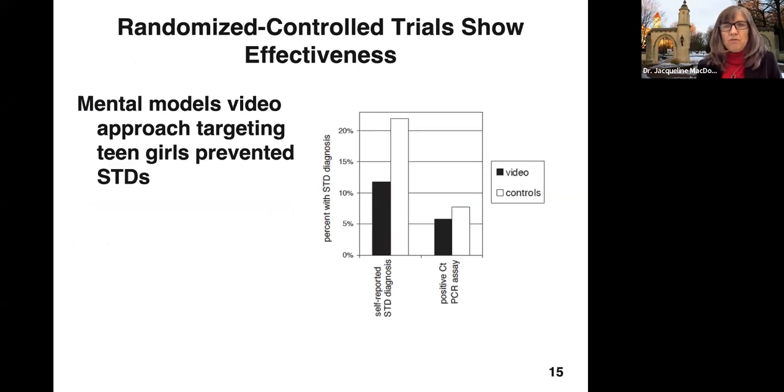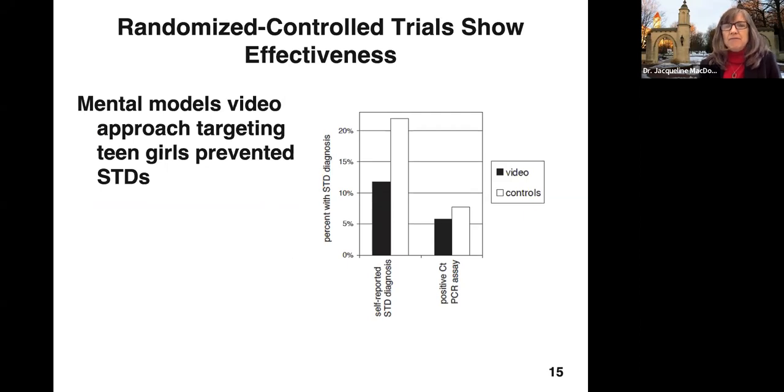This is just a result from a randomized controlled trial showing that this approach was effective for efforts to decrease the vulnerability of teen girls to sexually transmitted diseases. So this is basically the result of one of this randomized controlled trial, where the black bar indicates girls who were given a mental models risk communication that was delivered by video in this case.